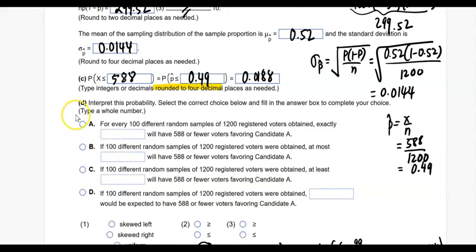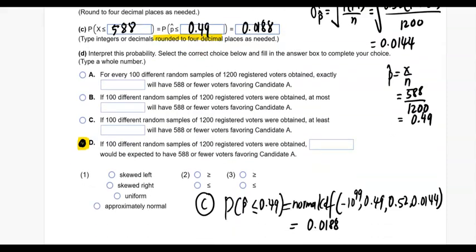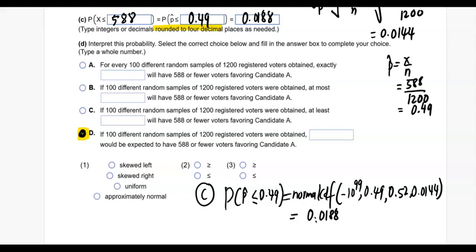Part D, interpret the probability. The answer should be D. If 100 different random samples of 1200 registered voters were obtained, the percentage 1.88% is about 2%. So out of 100, we'd expect about 2 samples to have 588 or fewer voters favor the candidate.